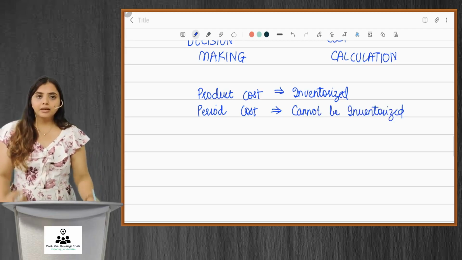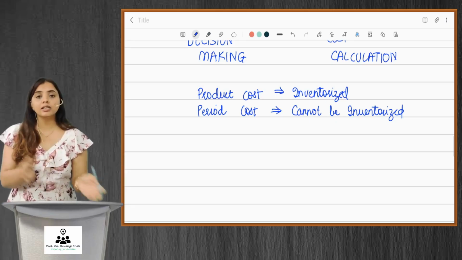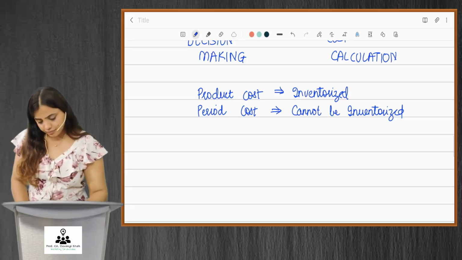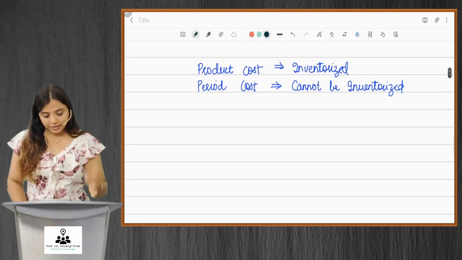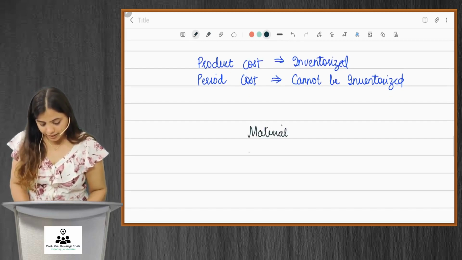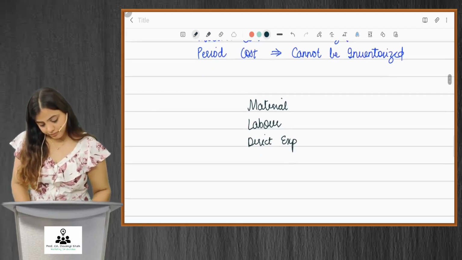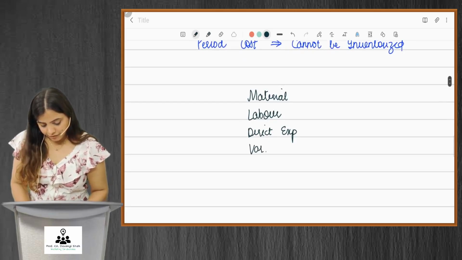And friends, let us now understand what is product and period cost for marginal costing and for absorption costing. Friends, tell me, what costs do you write in a cost sheet? You write material cost, followed by labor, direct expense, variable factory overheads, fixed factory overheads.